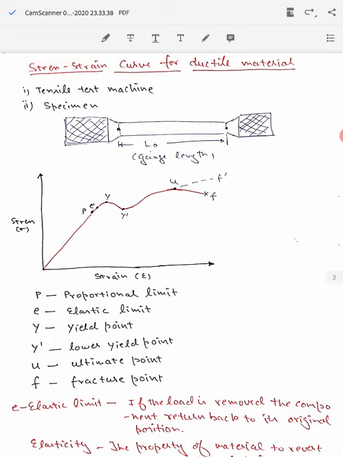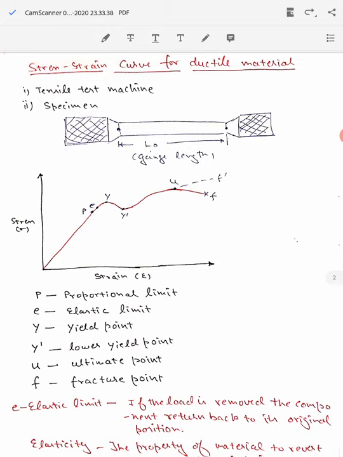We plot the stress produced in the specimen on the y-axis, which is nothing but the instantaneous load value divided by the original cross-section area that we measured before the start of the experiment, against the strain on the x-axis, which is the deformation produced in the specimen divided by the original length measured at the start of the experiment. So this is a curve between stress and strain for a ductile material.